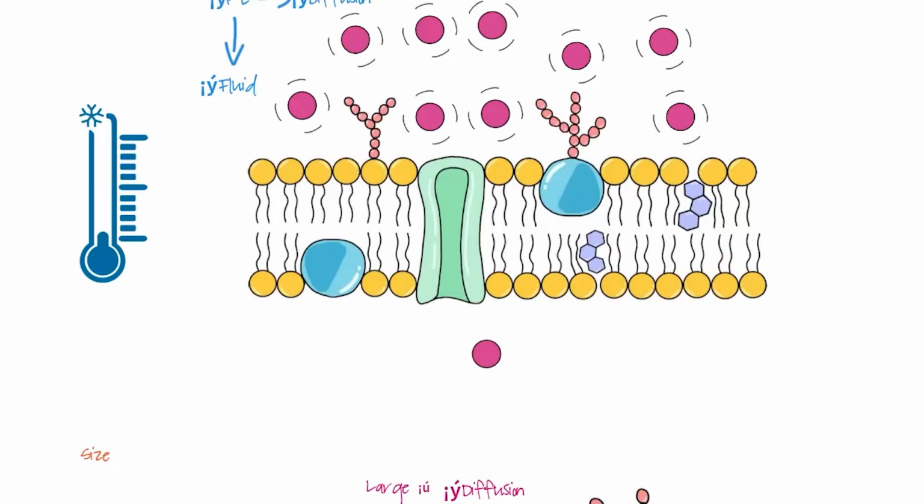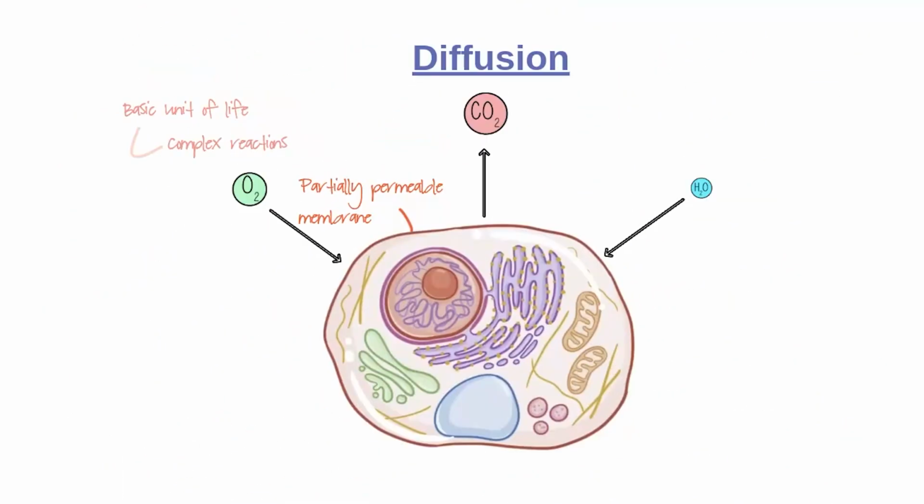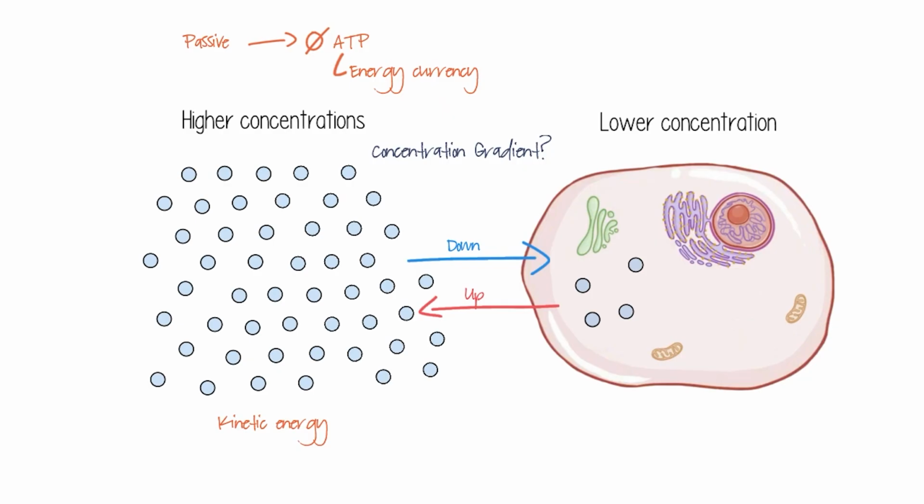So, to recap, we learned that diffusion is absolutely essential in order for cells to obtain raw materials and remove waste products from themselves. We also learned that diffusion is a passive process in which substances move from the area of their higher concentration to the area where they're in a lower concentration, down a concentration gradient.